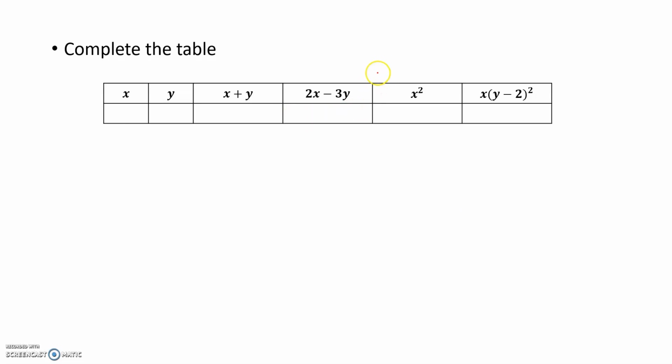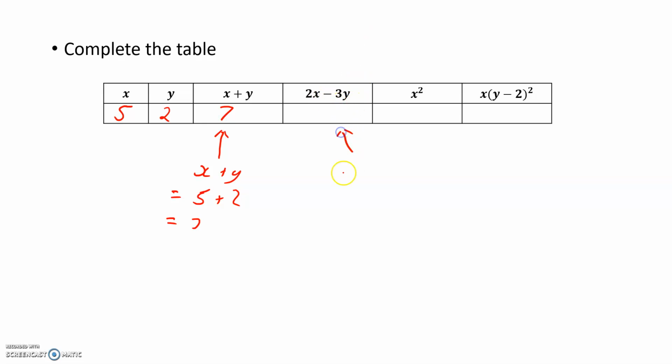One more table that pops up in your book that could be a way that it's done, and this one here, you've got an x value and a y value, and you've got all these things to do, and the x value and the y value changes. So in this case, if the x value is 5 and the y value is 2, and the question will tell you what they are, we then work out what these things are. So this is x plus y, so whatever our x value was, x was 5, y was 2, 5 plus 2 equals 7.